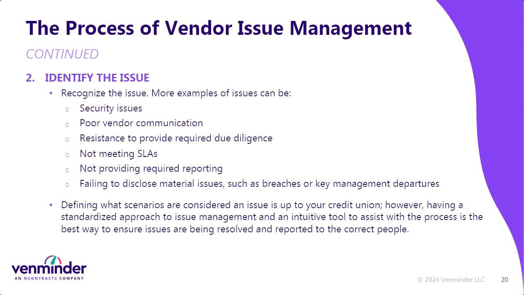So then, of course, you're going to be identifying vendor issues, and you need to be able to recognize those issues. And we've talked about many examples already, but again, they're listed here. Again, these are the most common ones, although there could be any number of them. But in this process of identifying the issues, of course, you want to define what scenarios are considered an issue for you, because again, this could be different between you and another credit union.